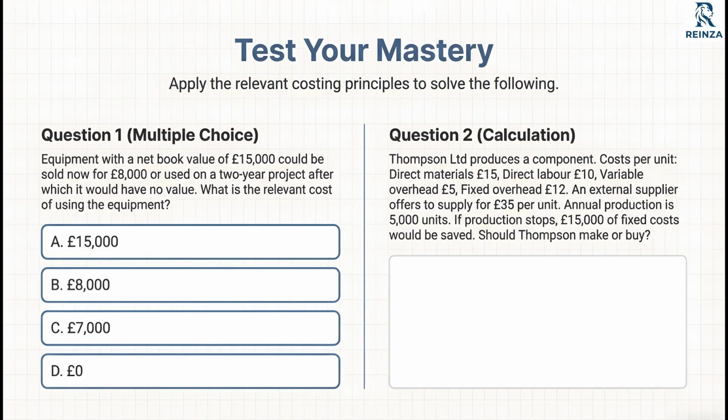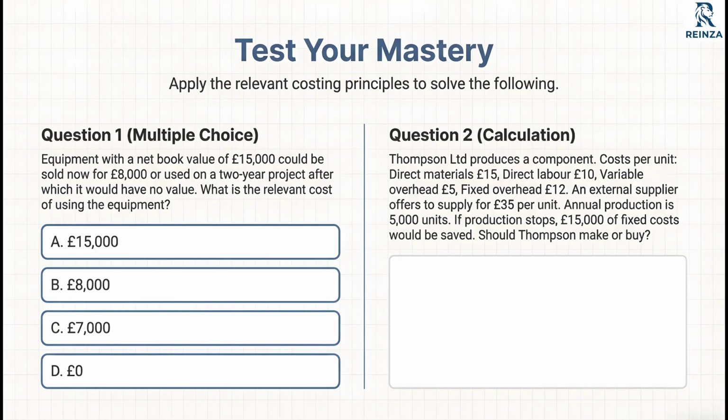Now it is your turn to apply the relevant costing principles. Let me give you 2 questions to test your understanding. Question 1 is multiple choice. Equipment with a net book value of £15,000 could be sold now for £8,000 or used on a 2-year project, after which it would have no value. What is the relevant cost of using the equipment?